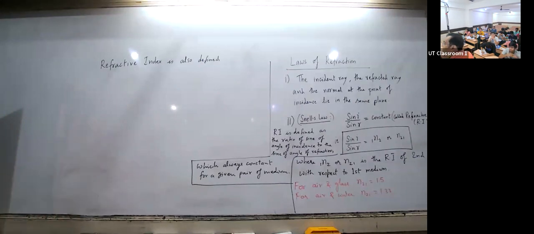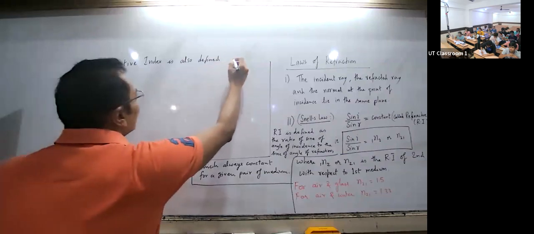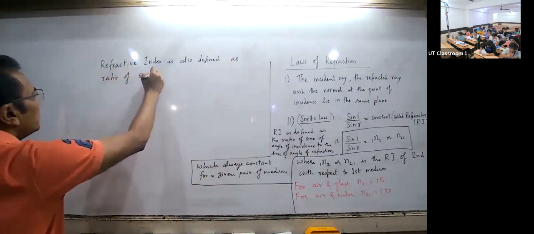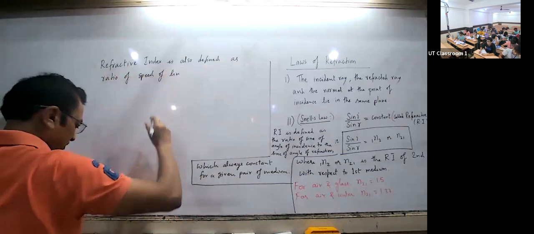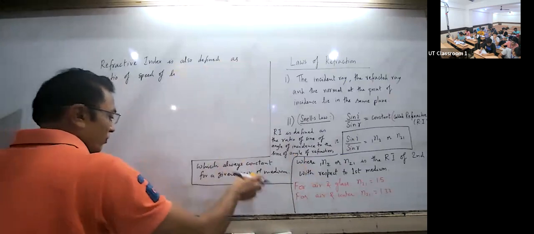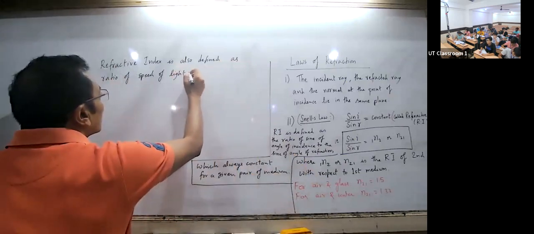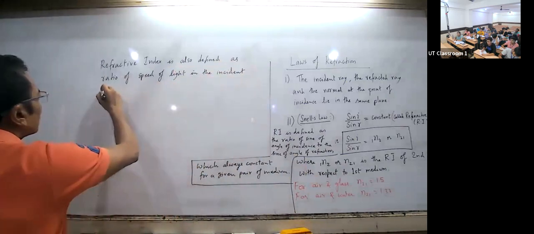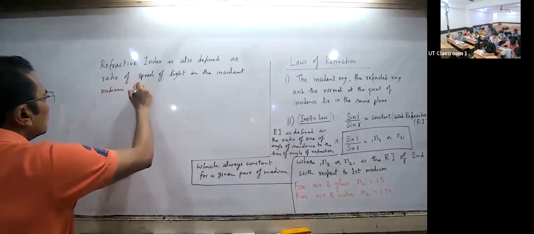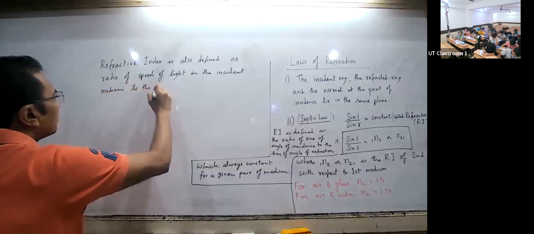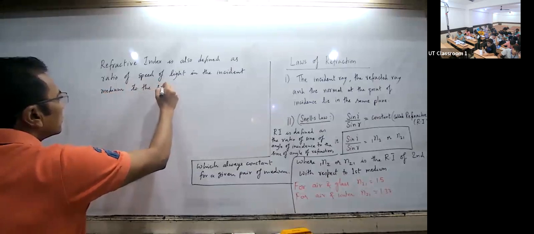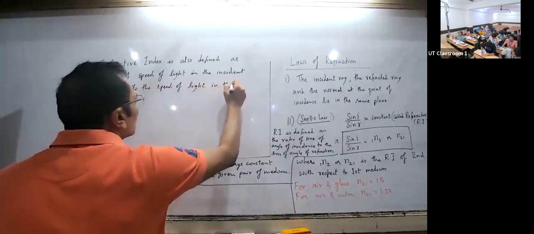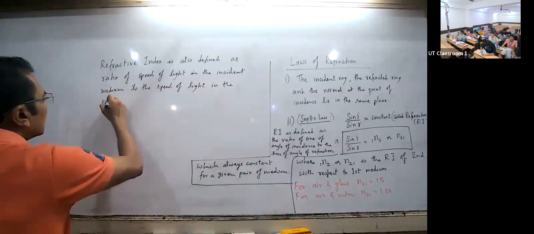So this is one definition of refractive index. The other definition is also defined as the ratio of the speed of light in the incident medium to the speed of light in the refracting medium.